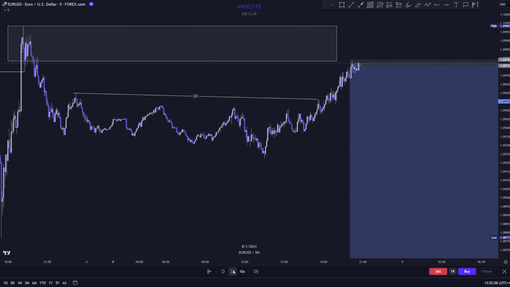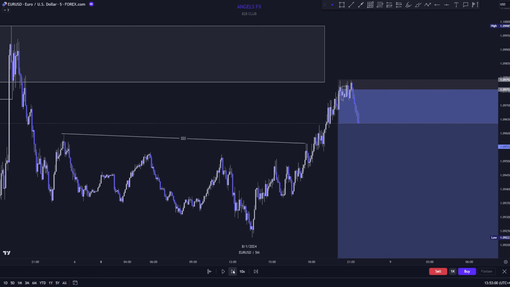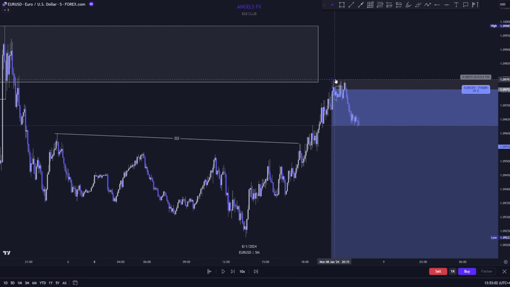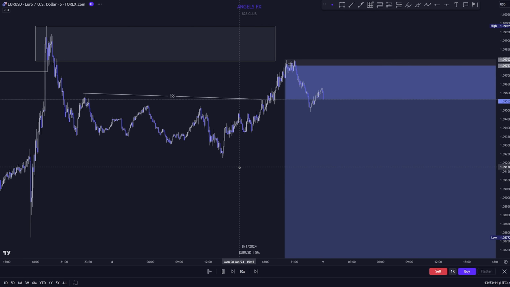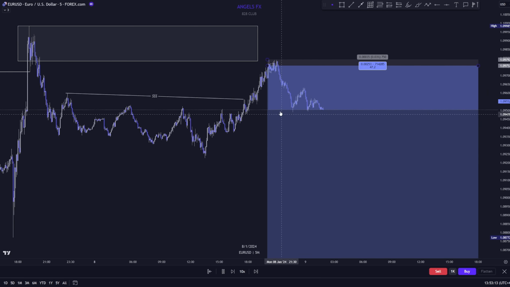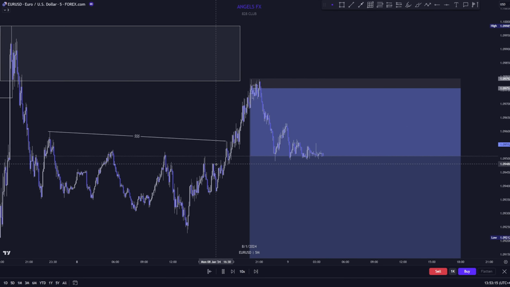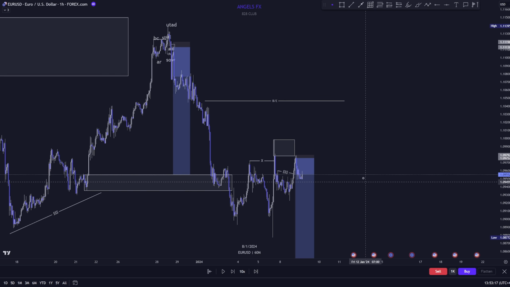Let's wait. Boom, look, it's really important to have your stops above this size. Okay, because if you don't, you would lose. You can take some partials here with this position, but let's make it faster.